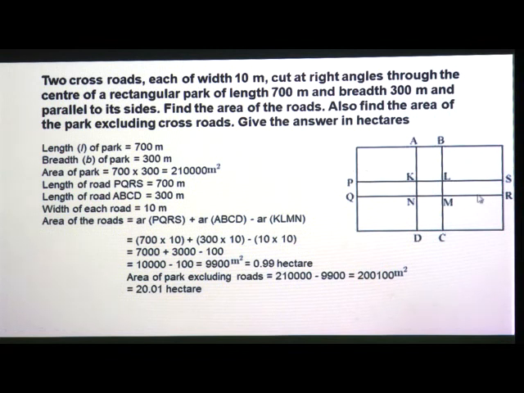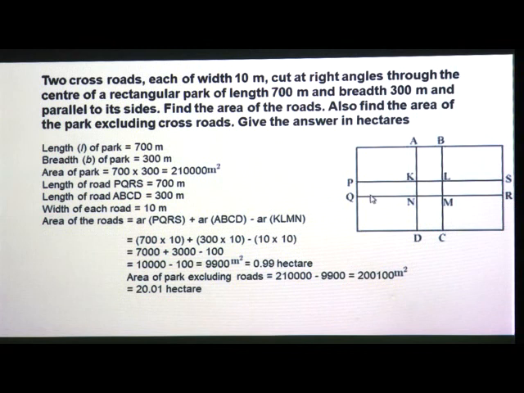What is left here, that we have to find out. So, area of the road is area of PQRS plus area of ABCD minus area of KLMN. Now you know the length and the breadth, which we already wrote here. Length of road PQRS is given as 700 multiplied by the width. How much is the width?